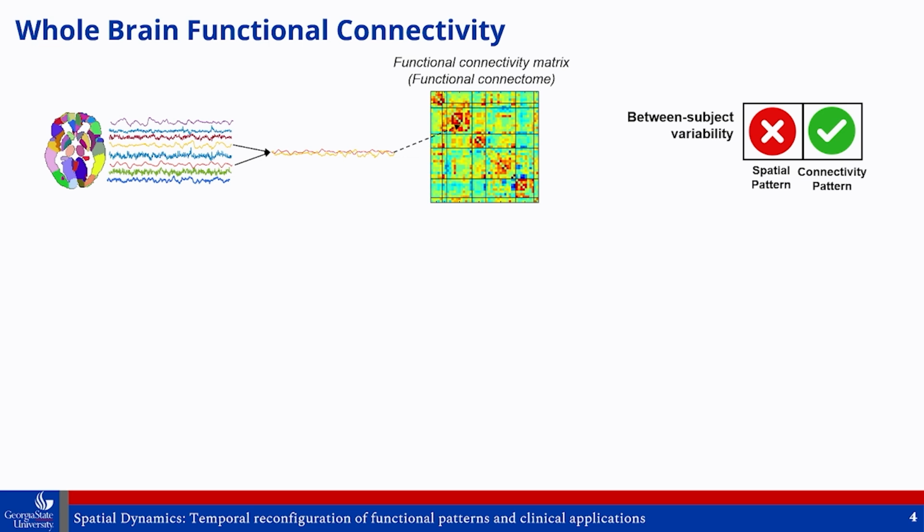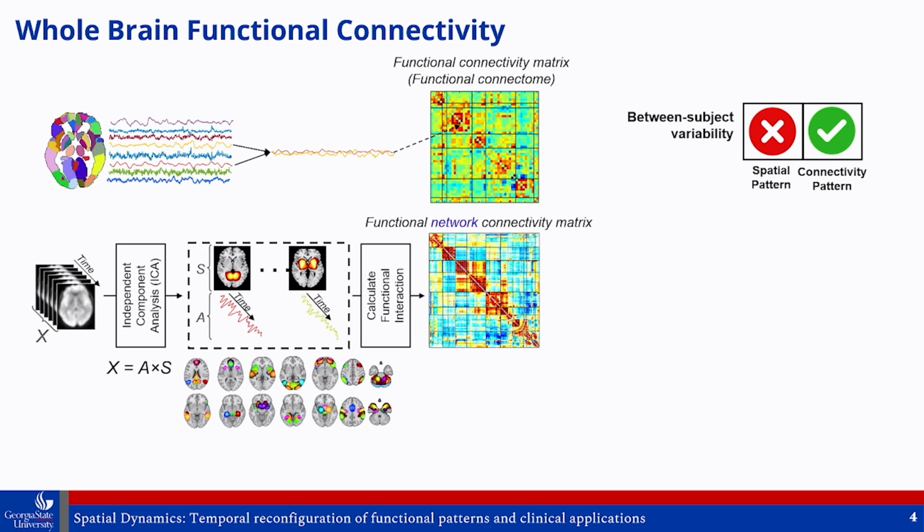To overcome that, we can use a data-driven approach and estimate these functional sources or functional units directly from the data itself. One way to do it is to use ICA, decompose the brain into a set of intrinsic connectivity networks, and then calculate the temporal similarity between their time courses, which we call functional network connectivity, just to make a distinction from the classic one, as we are optimizing for identifying subject-specific functional sources.